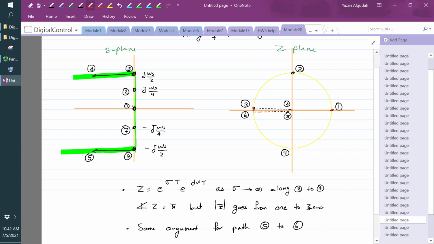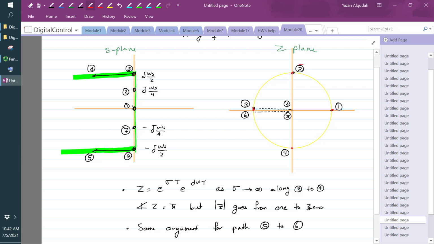I'm exaggerating this dotted line; it should be very close to the origin, but just to illustrate where it is. Both 3 and 6 are going to map into negative pi. j omega s over 4 is going to map to pi over 2, which is the point here at 2. Negative j omega s over 4 is going to map into negative pi over 2.